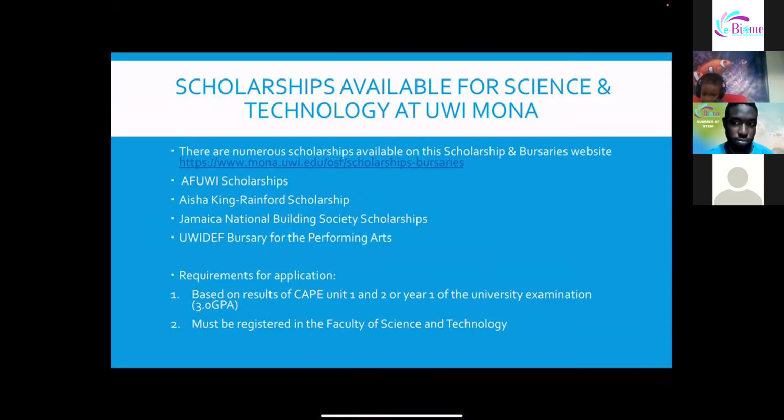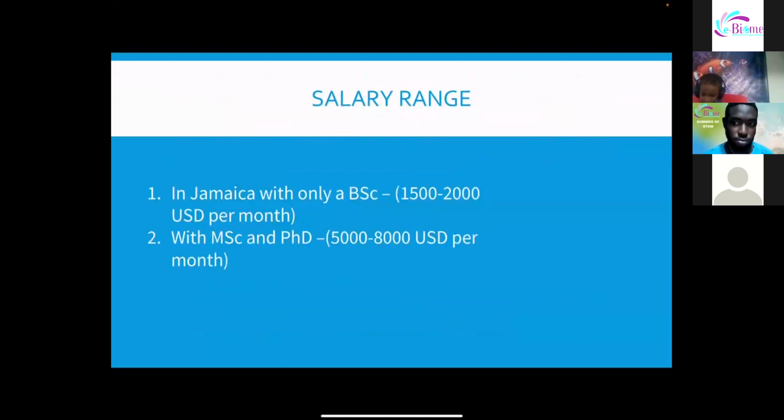Some of the requirements for applying for these scholarships are based on the results in your CSEC and your CAPE, Unit 1 and 2. Some of them are based on the first year of the university exam, and your GPA has to be 3.0 or more. And you must be registered in the Faculty of Science and Technology to get these scholarships.